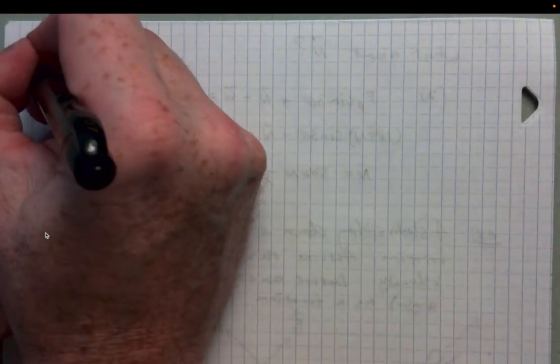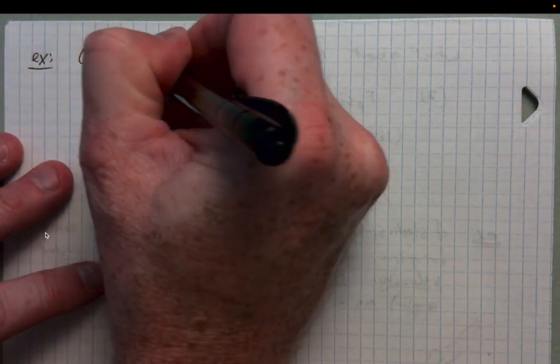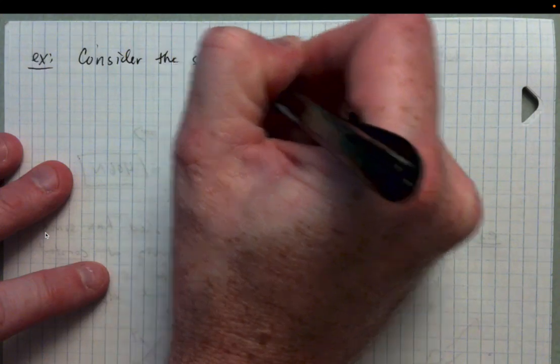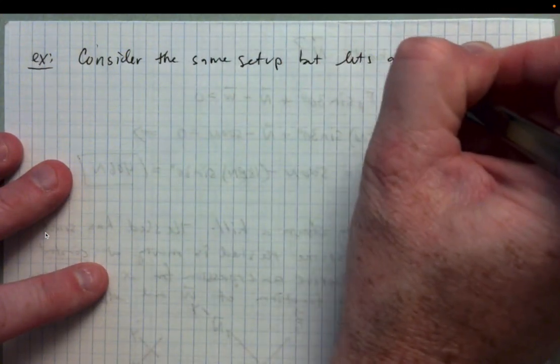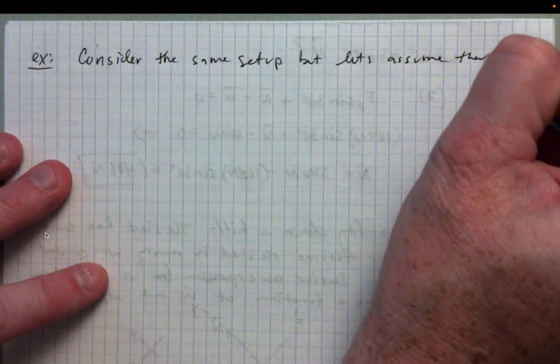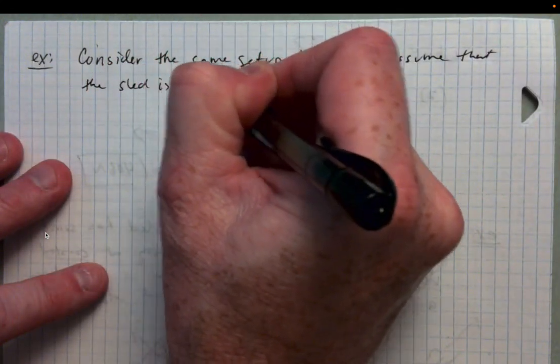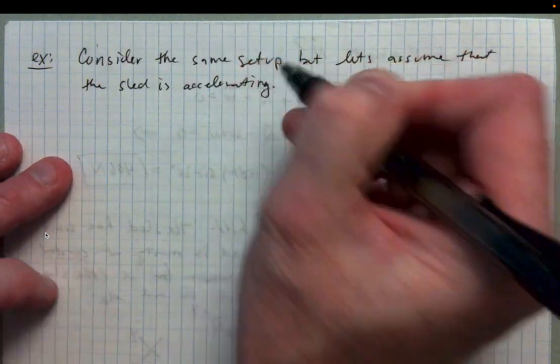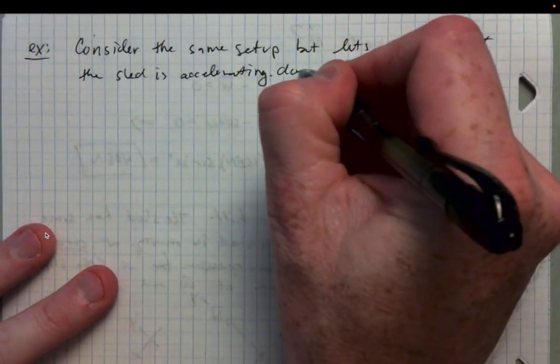Now for the last problem, let's think about the same setup, but this time let's assume that the sled is accelerating. Okay, so it's accelerating down the hill.